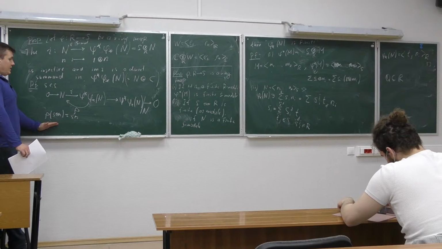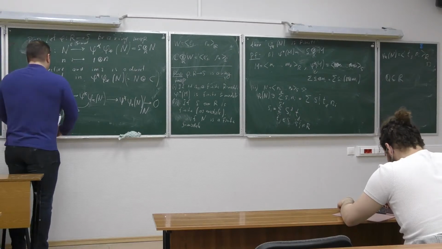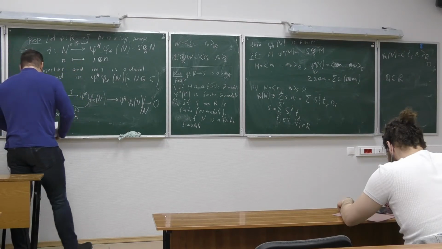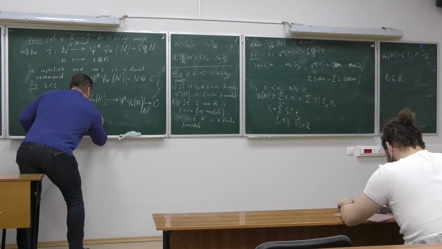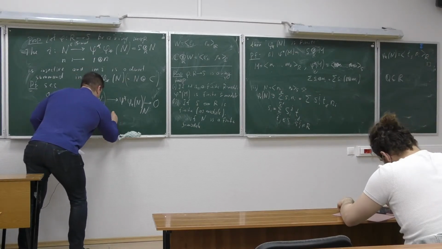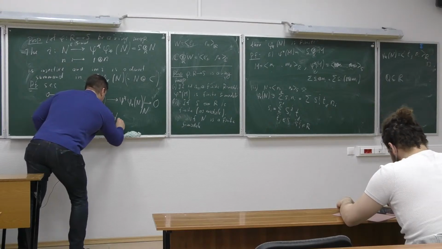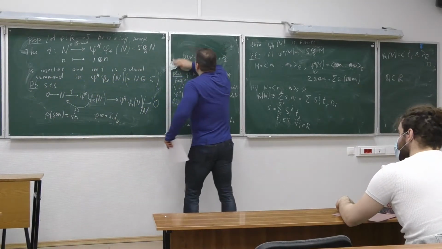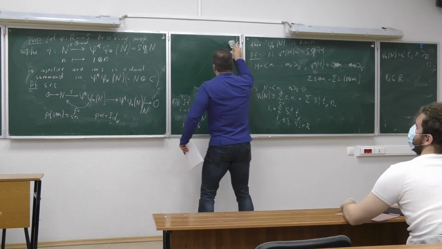I then use this definition of iota, which is given by an explicit formula, and the definition of rho, which is again given by an explicit formula, to check that if you take the composition of rho and iota, you get the identity map on N. So I'm going to erase, and you can use this pause to check that this is actually true.